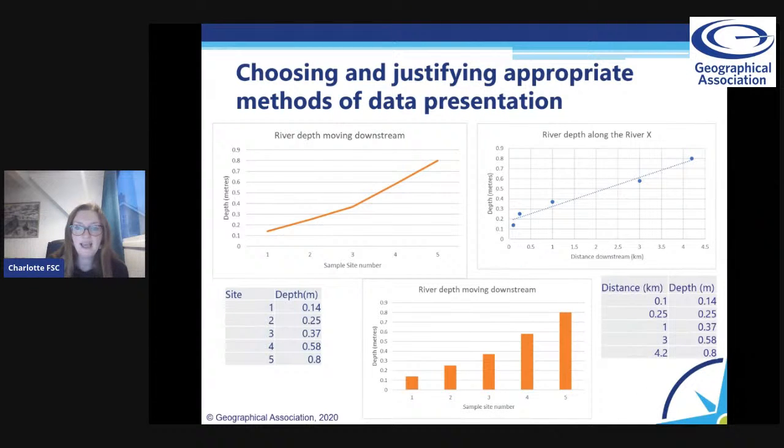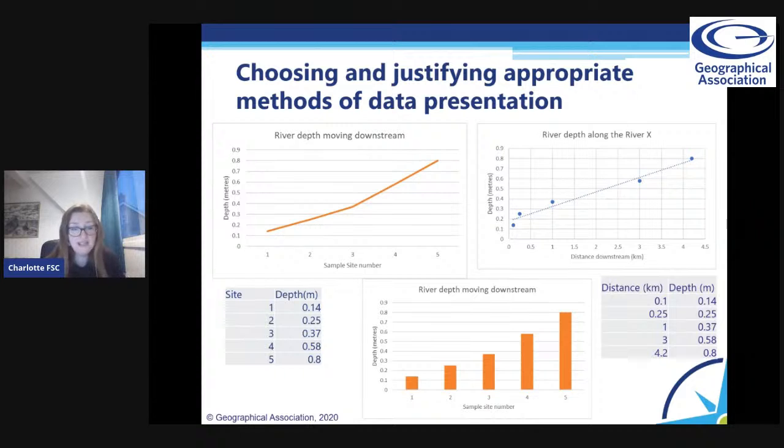So here we can see a scatter graph of that data, distance downstream against depth. It's all the same data, all the same points, and we've also added a line of best fit.